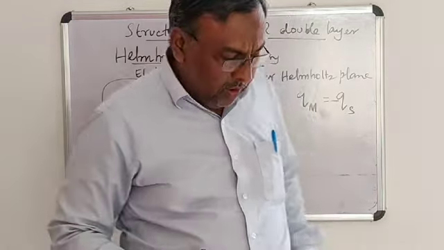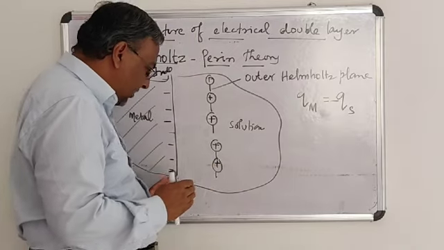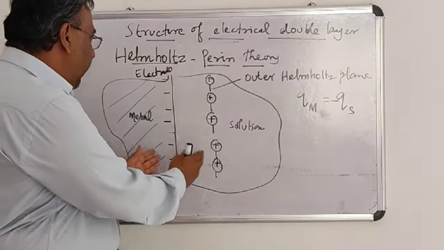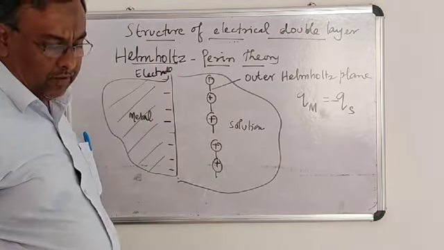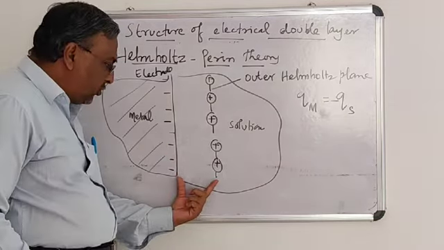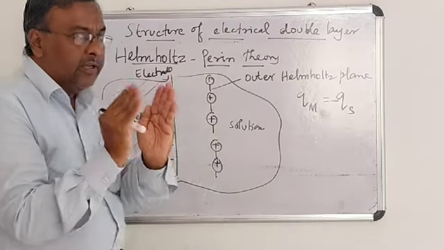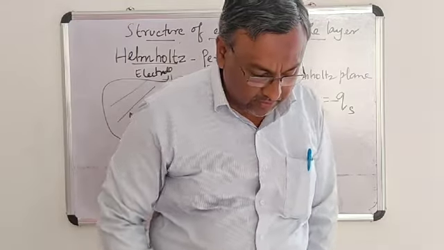Therefore the electrified interface structure is made up of two charged sheets separated by some distance.